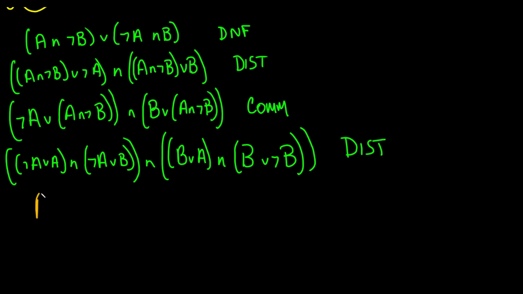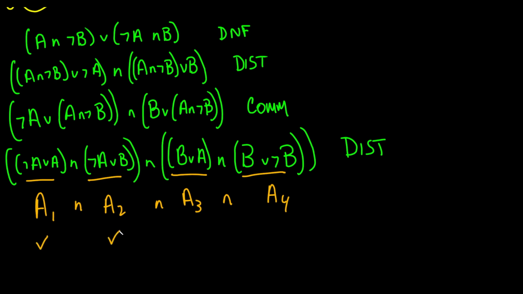We have a formula of the form A1 and A2 and A3 and A4. Now, this formula would only be in conjunctive normal form if A1, A2, A3, and A4, which are all conjuncts, are elementary disjunctions. Notice that each one of these is an elementary disjunction. And so this formula is in conjunctive normal form.